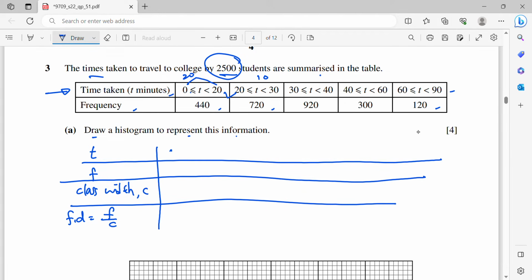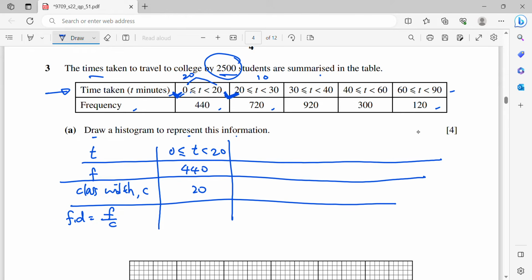Okay, so for the first class, 0 to 20, the frequency 440. Now the class width, just now I have mentioned, the average of these two values, which is 20, minus average of the previous value, it should be 0. So 20 minus 0 is just 20.